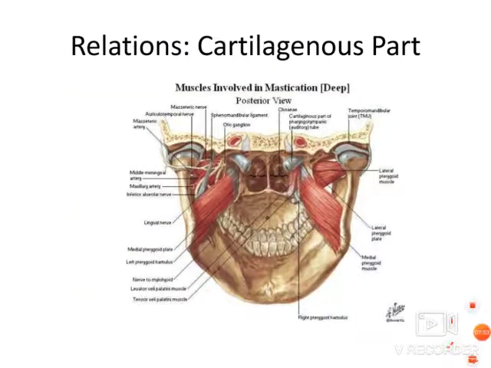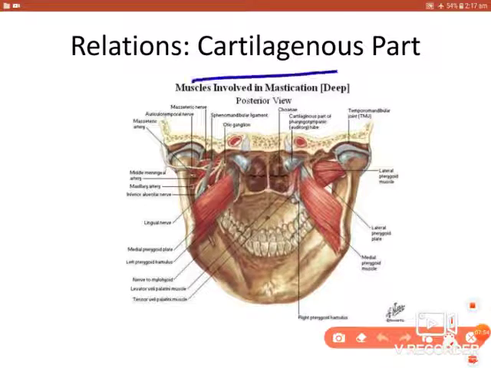Then coming to the relations of the cartilaginous part, here this is the mandible, this is the posterior view, this is the coronal section. Here you can see the cartilaginous part of the auditory tube.